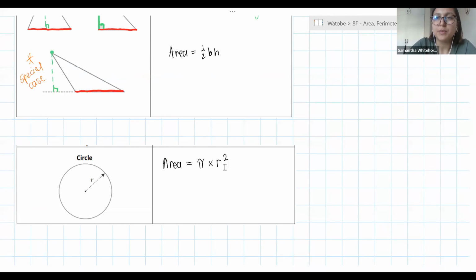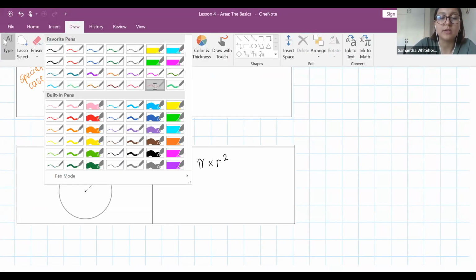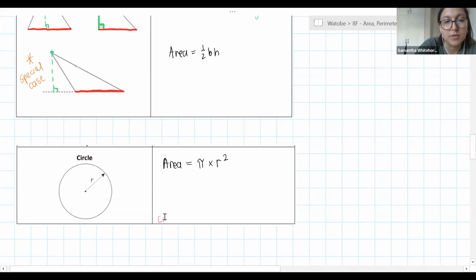So that is our formula for the area of a circle. It is pi times r squared, or you can say r times r, it really doesn't matter. Guys, what is really important is that you do not get this confused with the circumference formula. Circumference is 2 pi r.